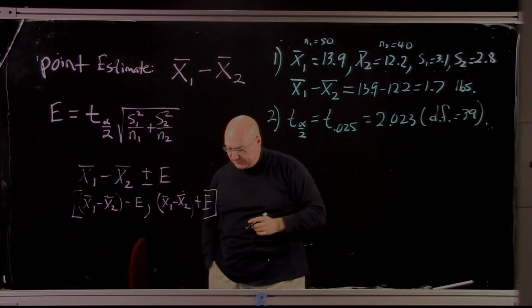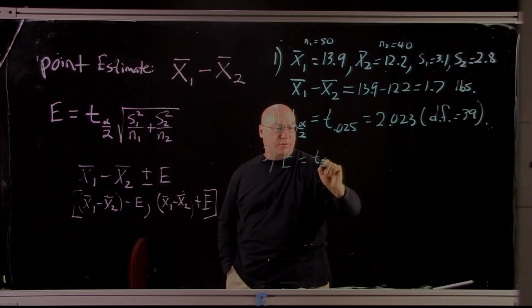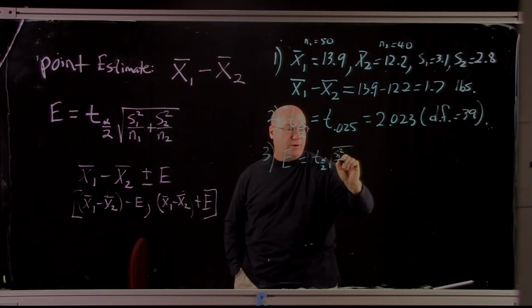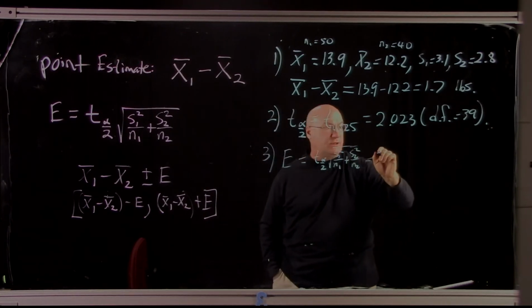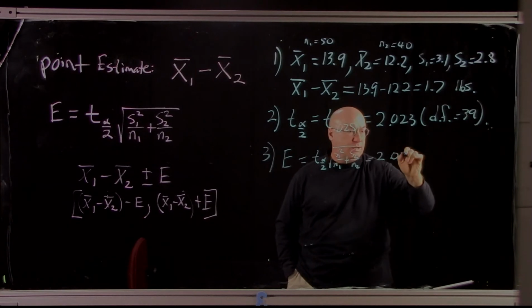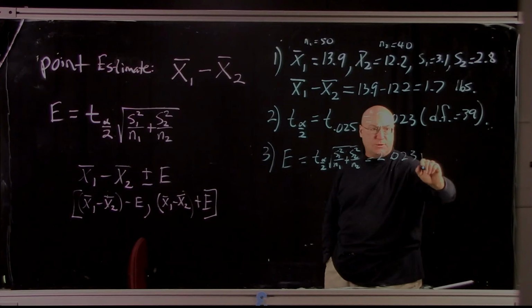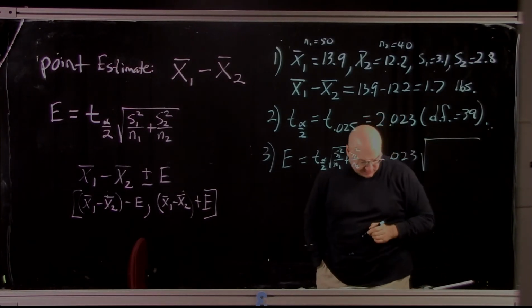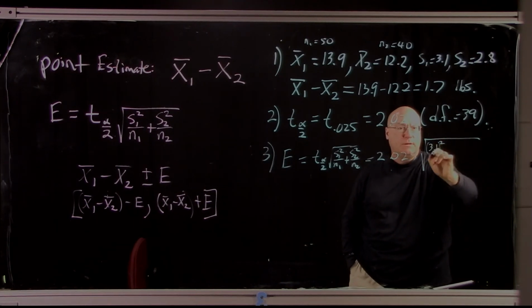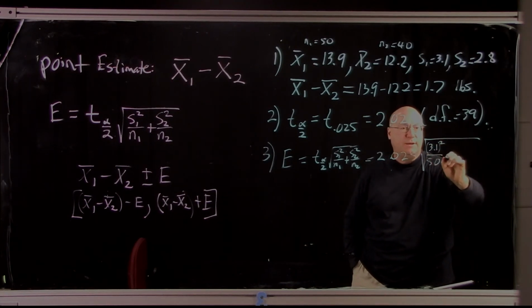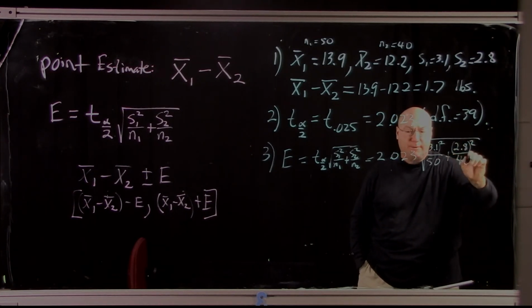All right, step 3 then. What is the margin of error? It's t alpha over 2 times the square root of S1 squared over N1 plus S2 squared over N2. So that's 2.023 times the square root of S1 squared, which is 3.1 squared, over N1, which is 50, plus S2, which is 2.8, squared, over 40.